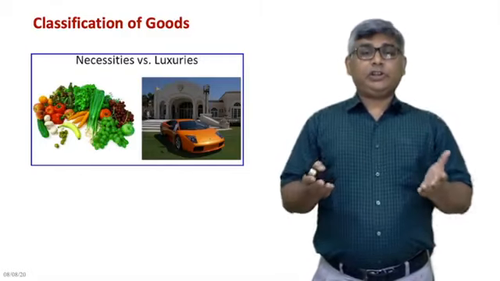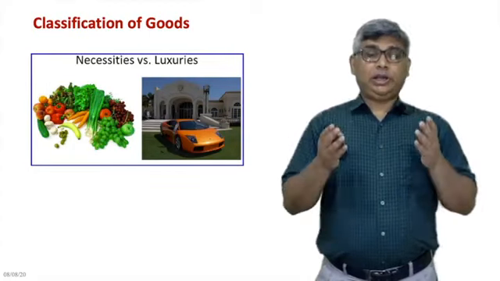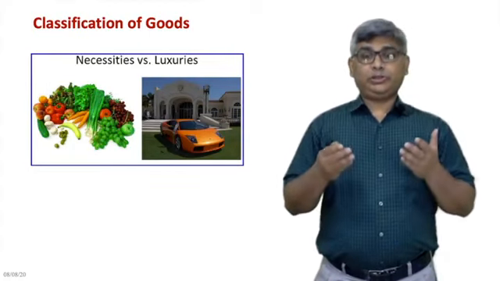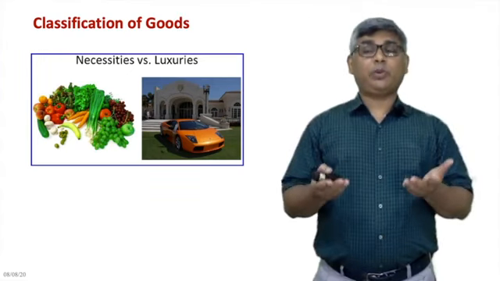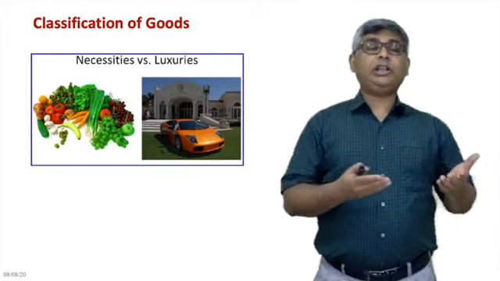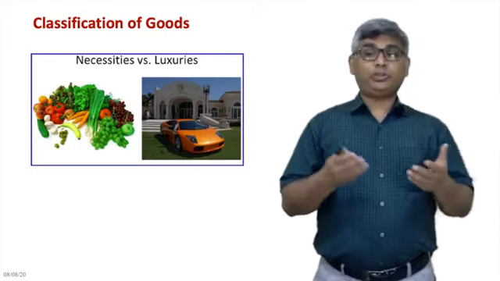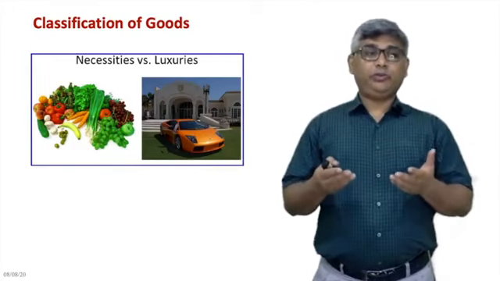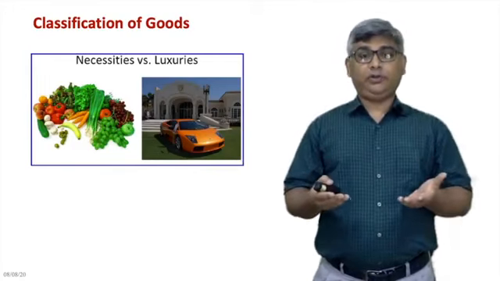A necessity is that particular kind of good which is required for one's survival. That means for our living we need that kind of good. This includes fruits, vegetables, grains and all such needs which we require to sustain life.